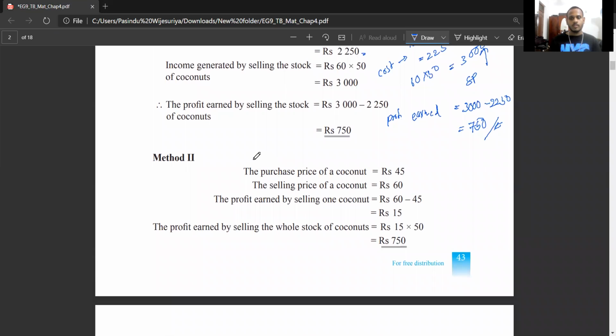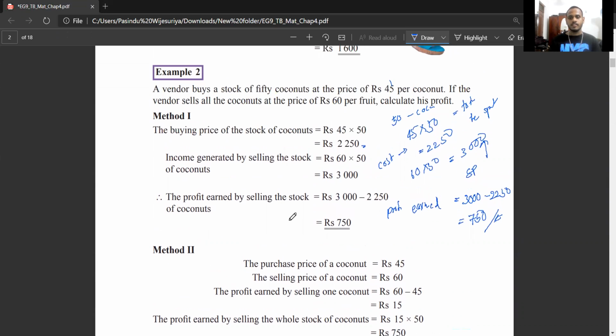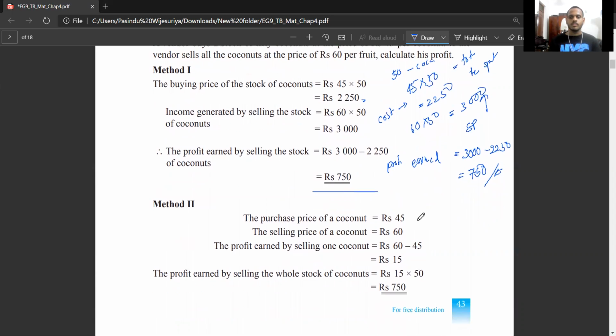So method 2, yes, this is also one way you can find. The first one is when you're calculating from the total stock prices, or you can actually do this.